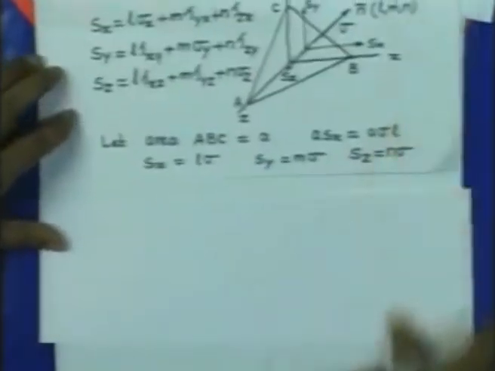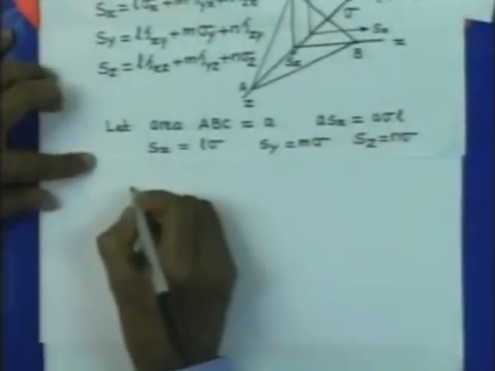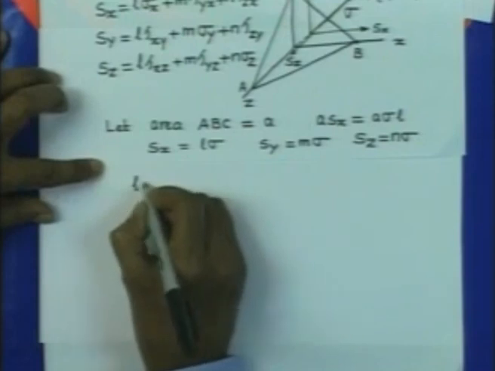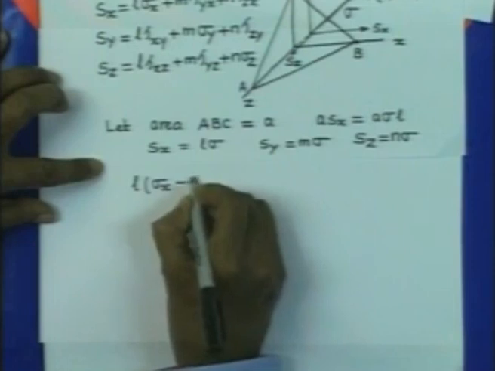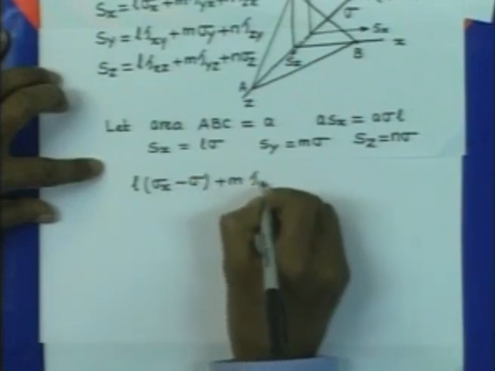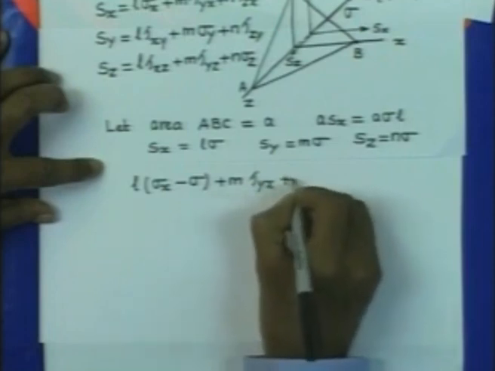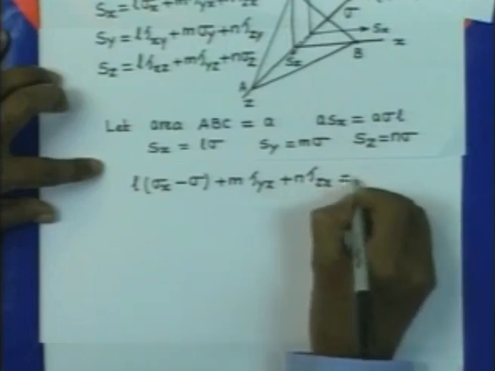So, if I do that, we finally get the following, that L sigma x minus sigma plus m tau yx plus n tau zx equal to 0.